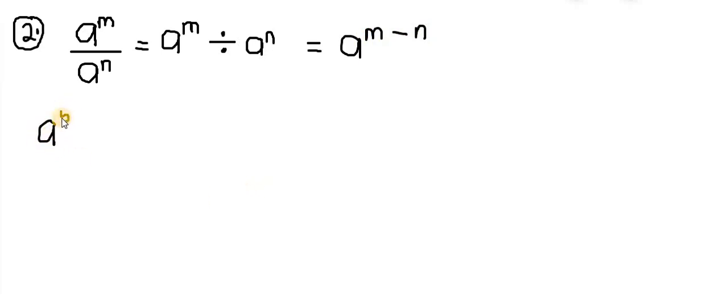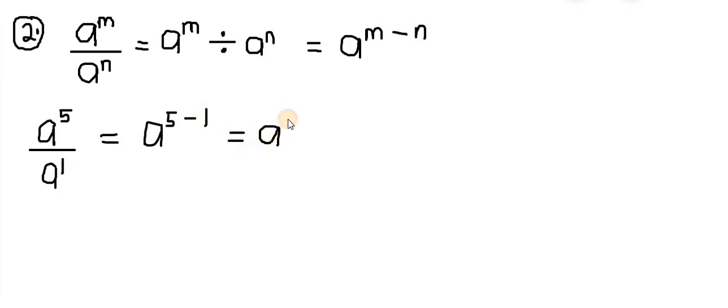So we say a to the power of 5 over a to the power of 1. Remember that a to the power of 1 is the same as just saying a. We've just exposed the powers in this question. So that means that's a to the power of 5 minus 1. Because they're the same base, we just subtract the powers. So that's a to the power of 4.